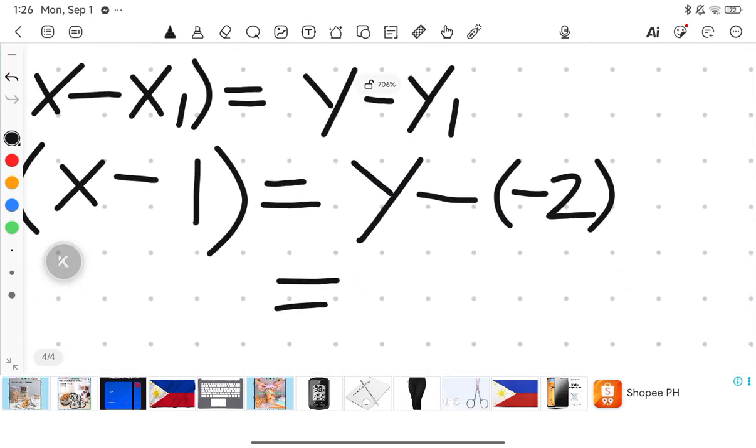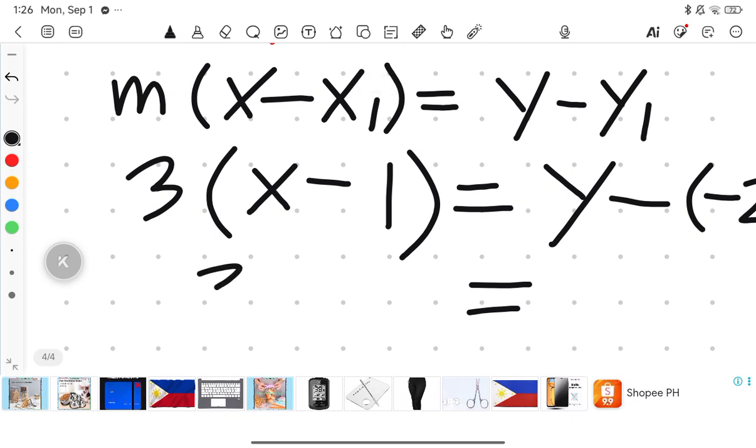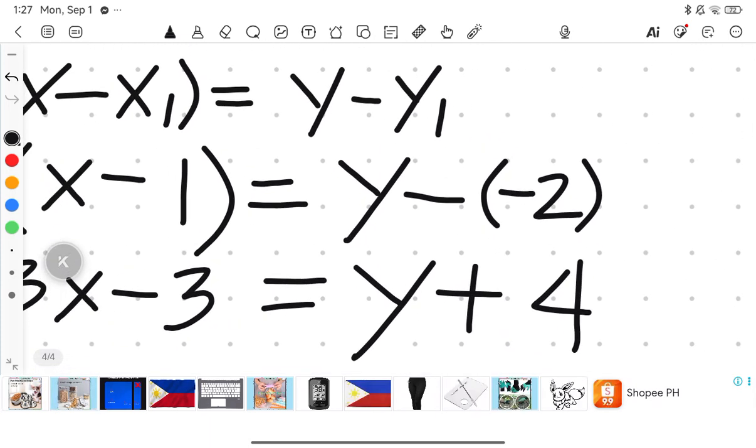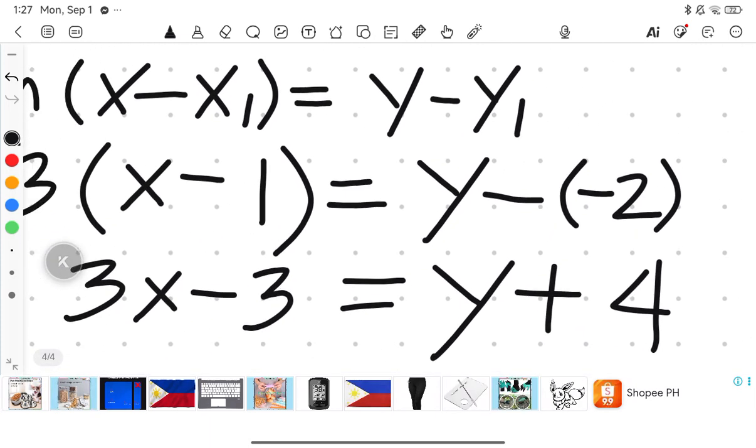Okay, and then simplifying lang po ito, you will have 3x minus 3, kasi, di ba, by parenthesis is equal to y plus 4. Tapos po, hindi ko na kasi siya mailalagay sa ilalim. Simplify ko na lang. Negative 3 minus 4. Tama? 3x. Negative 3 minus 4, magiging siyang 7. So, lipat ko na lang dito sa kabila.